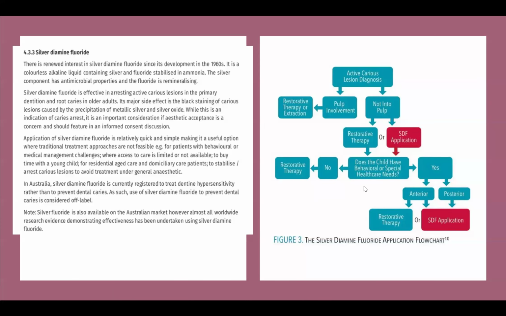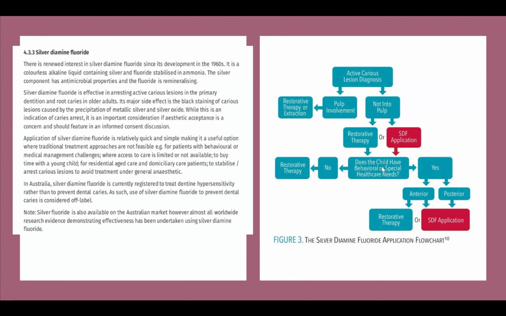Only thing is, be very careful of your case selection. Does the child have an active carious lesion? If there is pulp involvement, straight away go for extraction or whatever treatment you're doing. Not into the pulp, what do you check for? Do you need to restore it? If the child allows you to restore, and if he doesn't have any behavioral needs, you restore it.